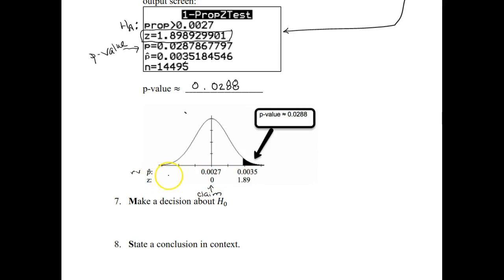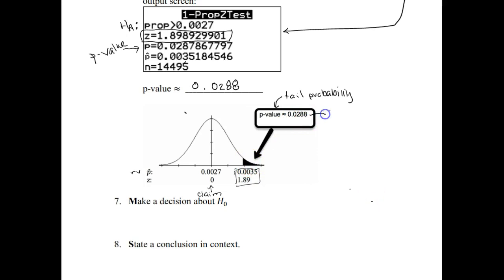In our data, our p hat value rounded was about 0.0035. Its corresponding z-score was 1.89, so these two values go directly above and under each other because they correspond together. It was a right tail test, so we shade to the right of those values. The p-value is that tail probability, or that shaded tail area, which here is 0.0288.